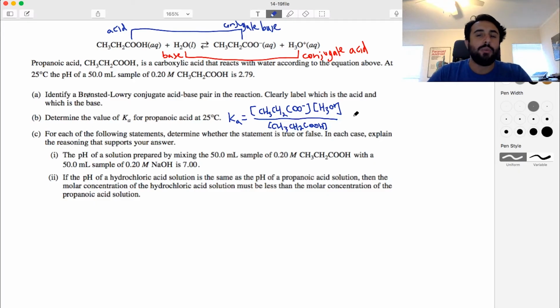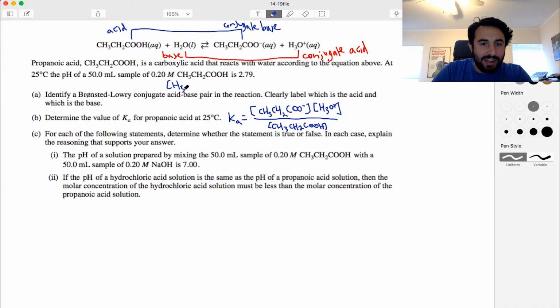Now, how do we get some numbers in here? So what are we given? Well, okay, we know that we have a pH of 2.79. So what is pH? pH is a measure of hydronium concentration, right? And so we know that pH is the negative log of the hydronium concentration.